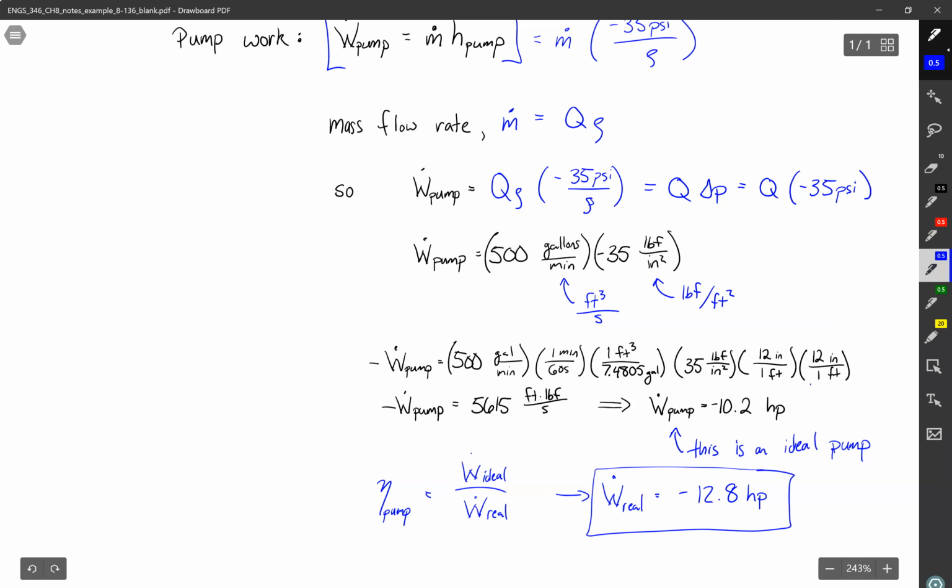The minus comes in because that's work that we're having to put into the system, minus 12.8 horsepower. 12.8 is bigger than 10.2 because this system is only 80% efficient. It means that we have to put in more work than we would have to for an ideal system.